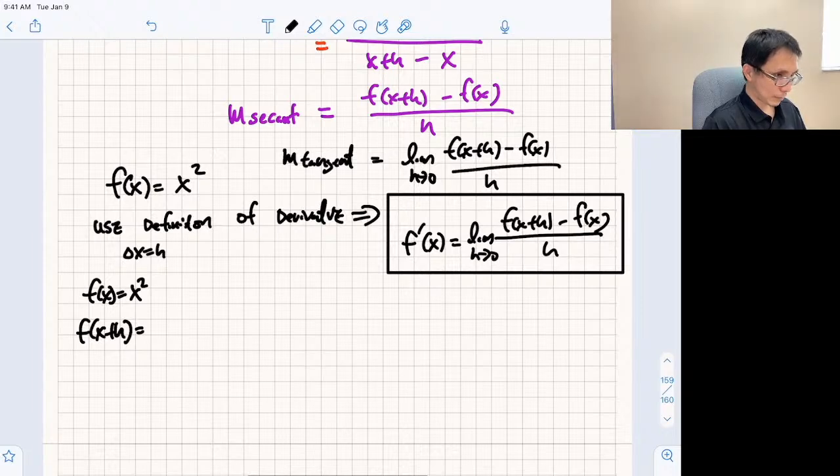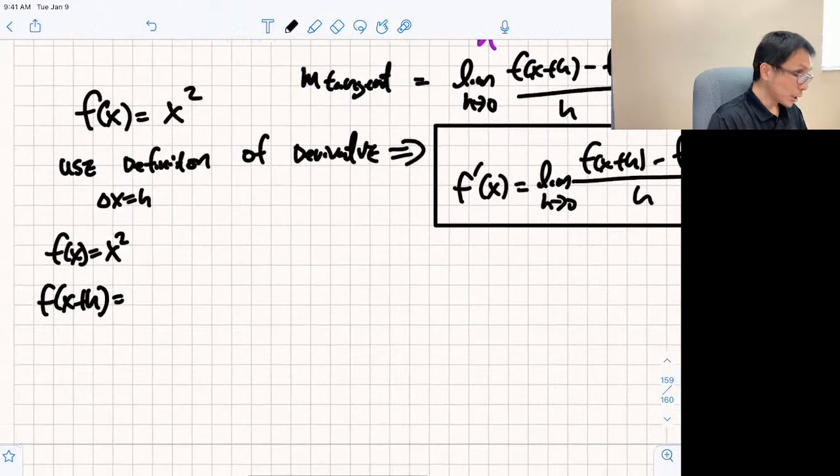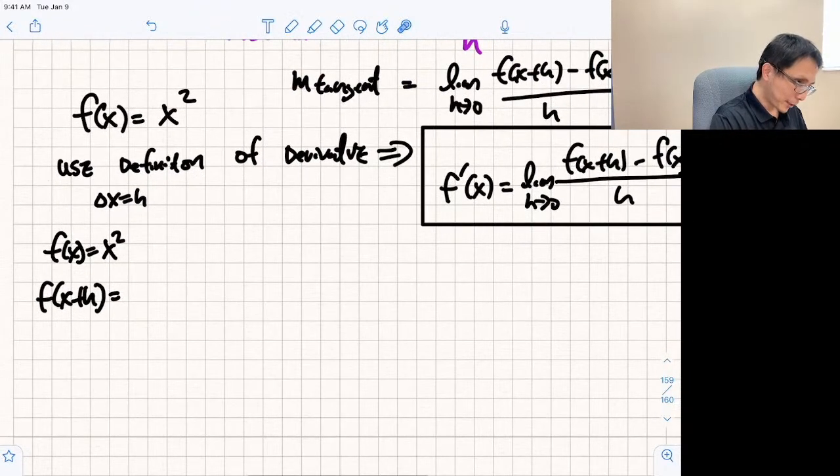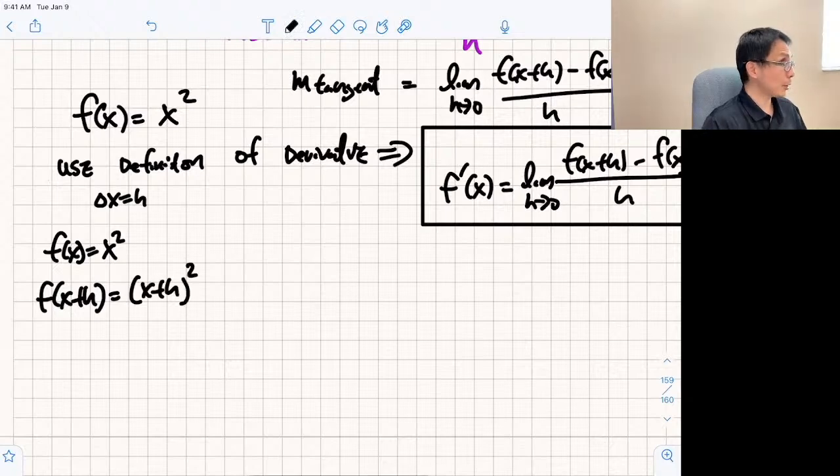Would it be x plus h squared then? There we go. You replace this x with whatever is inside the parentheses. If I have x plus h, you plug it in here. So in this case, it's going to be x plus h. And why did I say I said it wrong the first time? Because he said the first time it is x squared plus h.